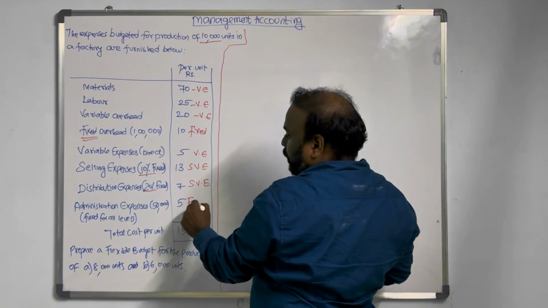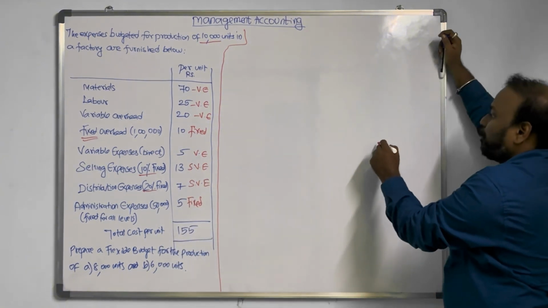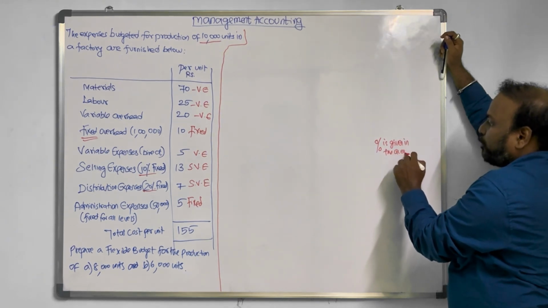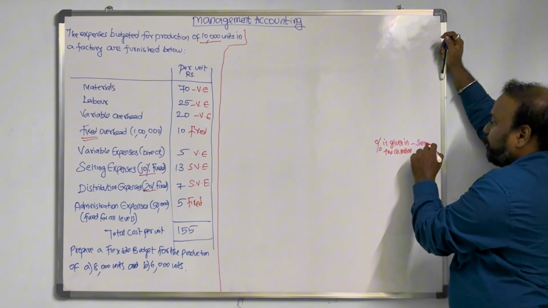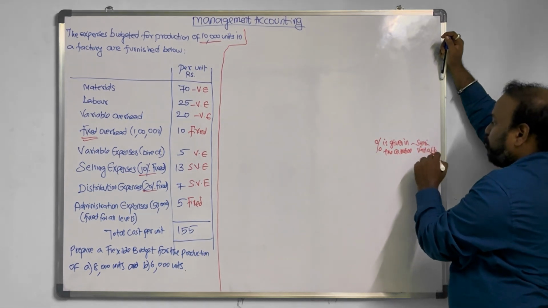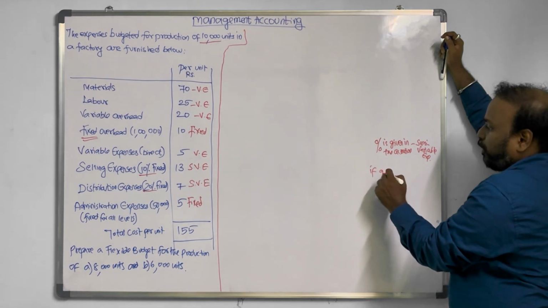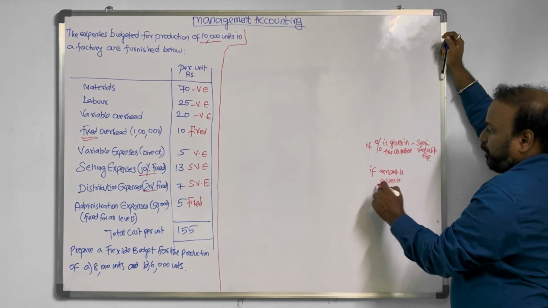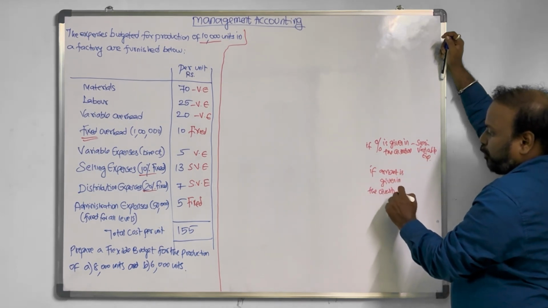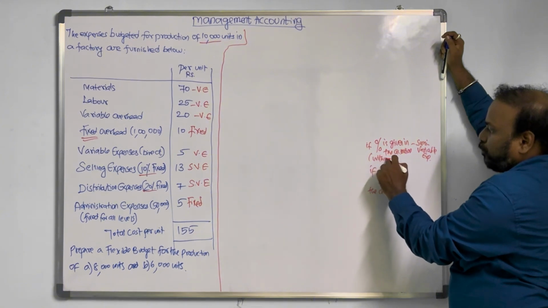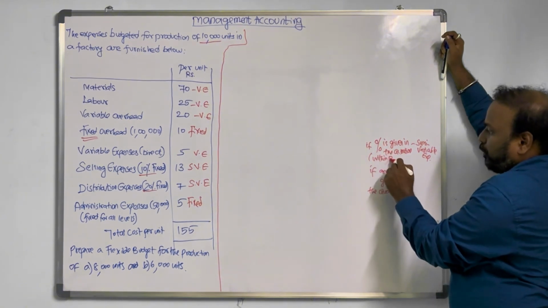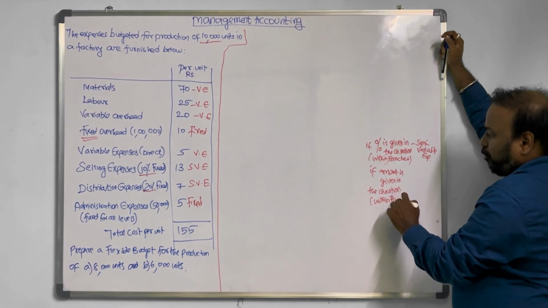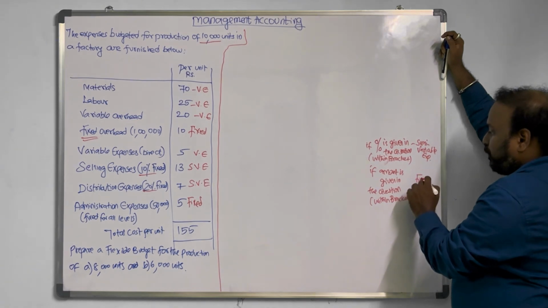I told you already in the last video, if a percentage is given in the question, it should be assumed as semi variable expenses. If an amount is given within the bracket, it is fixed.